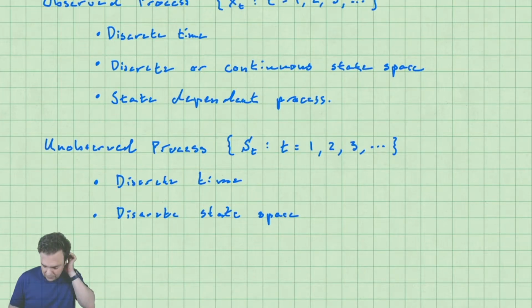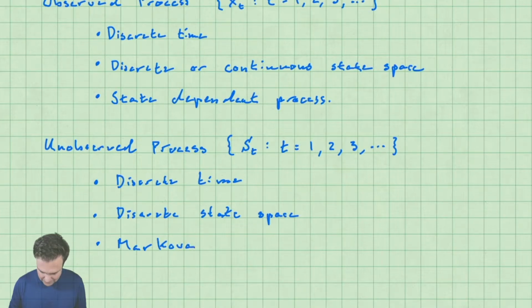And it's going to be a Markov chain, or you could call it a process, but then you might get mixed up with the idea of continuous time. So you can call it a discrete time Markov process if you want. Or you could just call it Markovian. Let's do that.